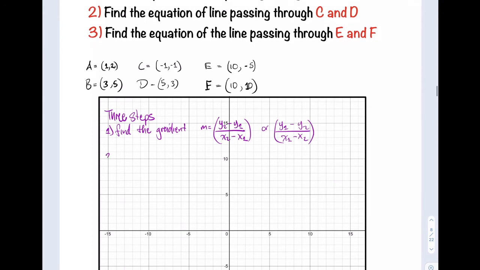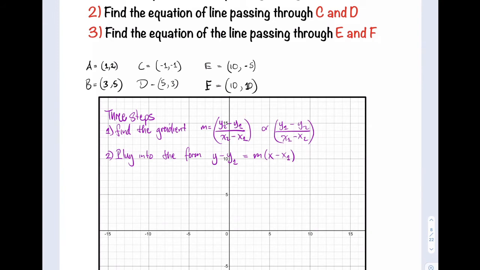Step two is to plug into the form y minus y1 equals m(x minus x1).